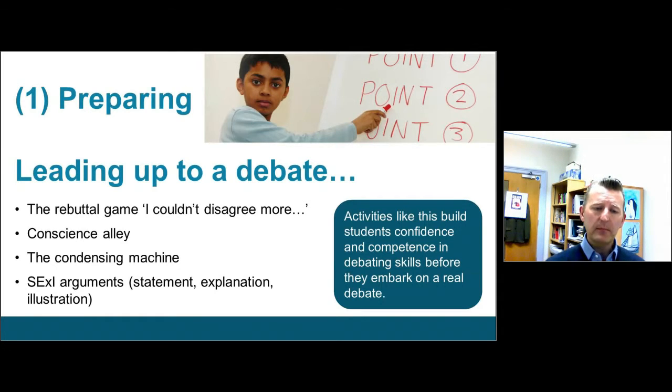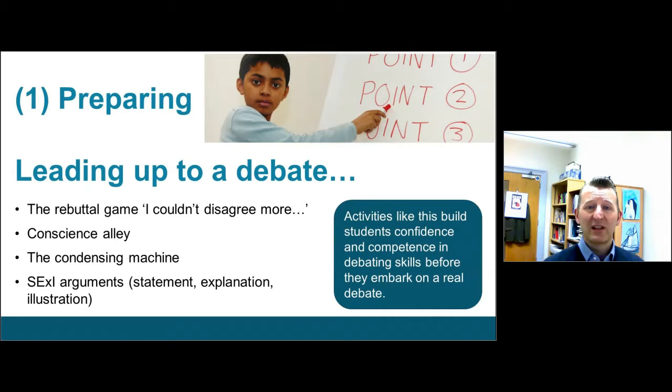Conscience Alley is where you practice trying to convince people and you get immediate feedback on how convincing your argument is. So you take all of the students in the classroom, you line them up facing each other, so each half faces the other half, so that you've got pairs facing one another, and then another student starts at the beginning of the conscience alley and walks through the space in between them, and children take it in turns to either give someone an argument for or against the motion, and if the child in between is convinced by the strength of the argument, they move closer towards the child who's made the argument.